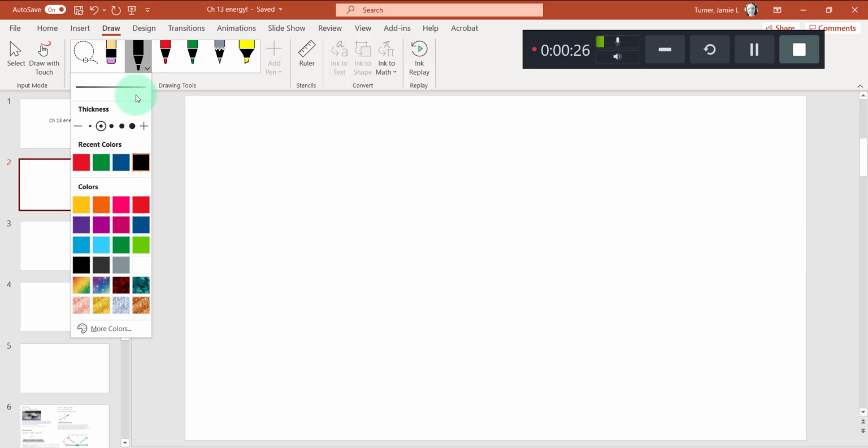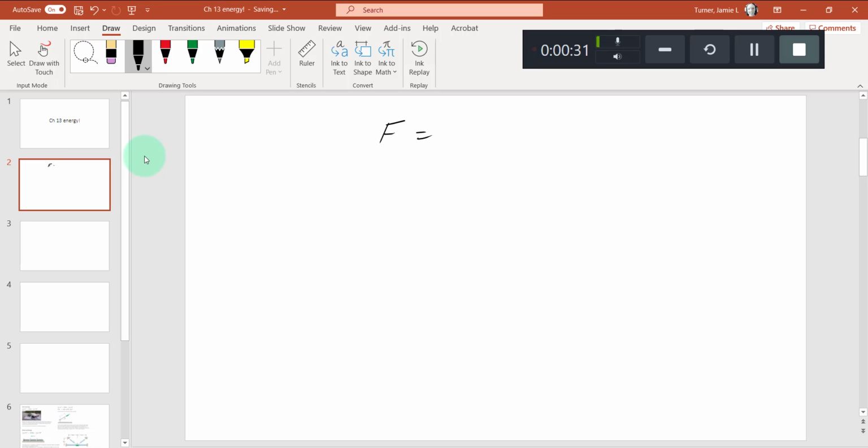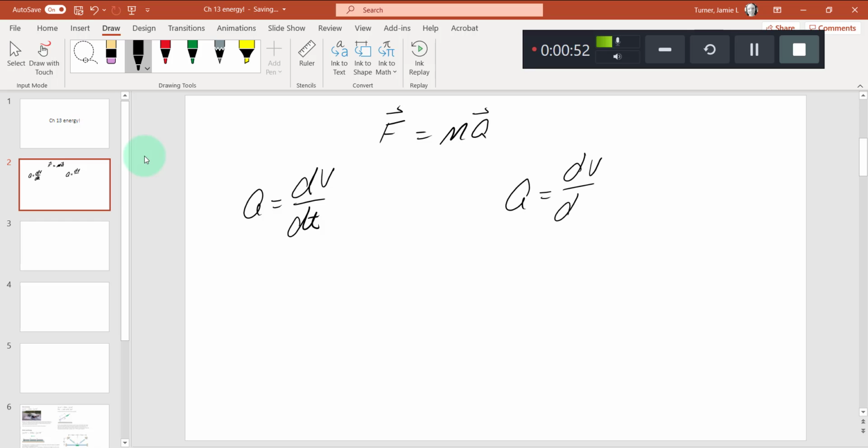So, of course, the whole idea for dynamics, it all comes back to this very cool equation, F equals ma. And for the acceleration, there's two different ways to think of acceleration, right? You can think of acceleration as velocity changing with time, or the other way to think of acceleration is you could use that little trick to get rid of time.